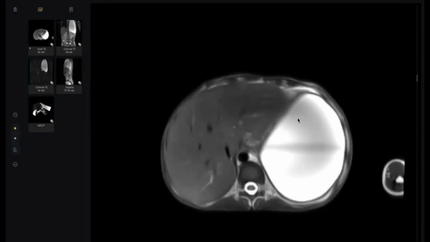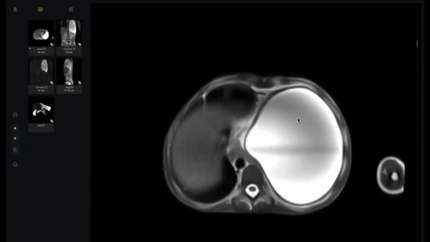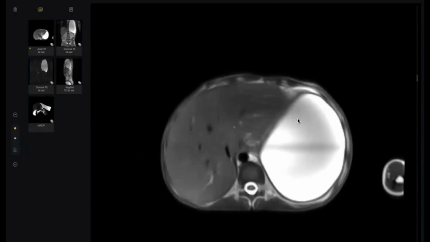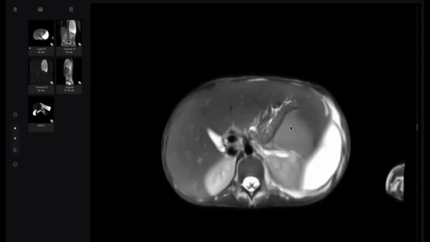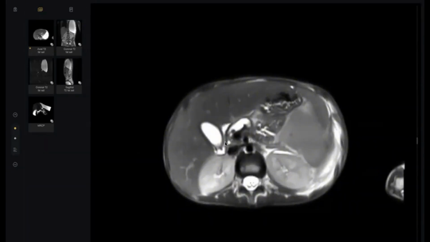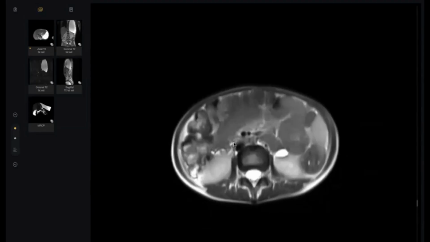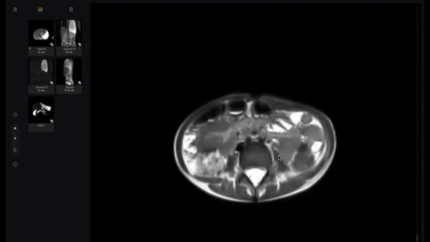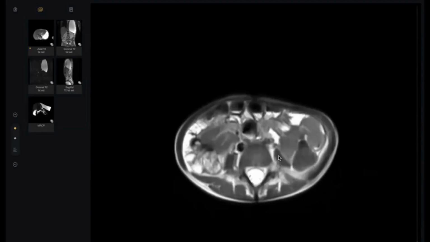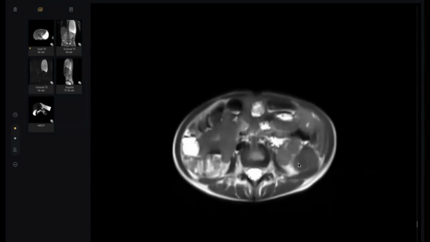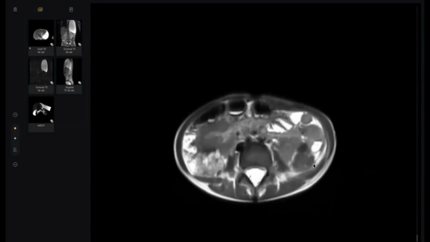The gallbladder is normally distended. The duodenum is fine. No mass lesion is identified. The ascites is also there.